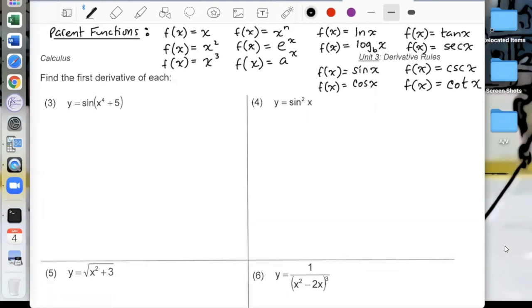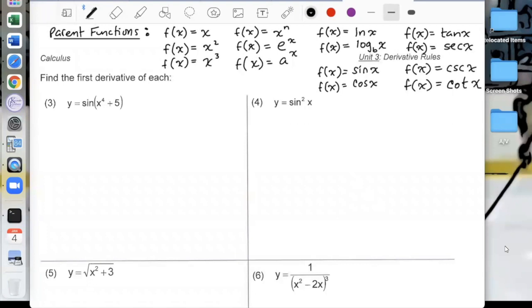All right. So what we would do if you want to use this chain rule to find the derivative of some kind of function, what you would want to do is decompose it, but you'd have to identify a parent function that exists. Now, I'm looking at number 3 and I'm seeing sine of something other than x.